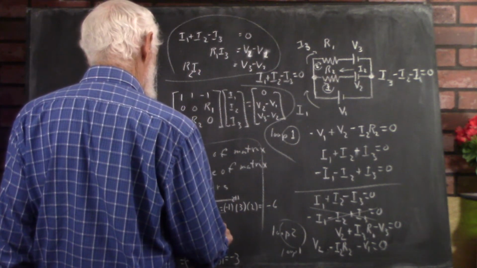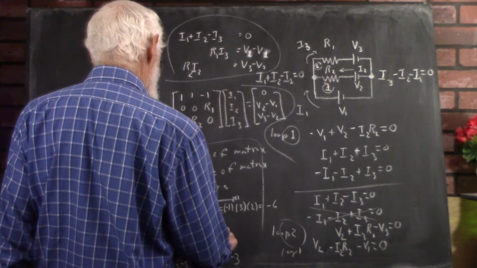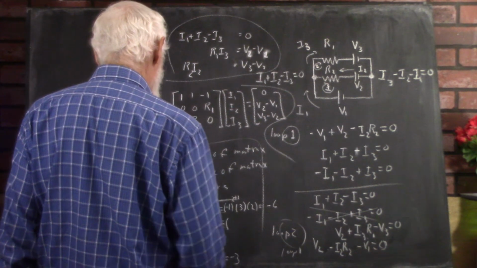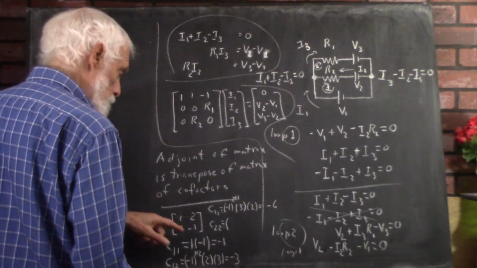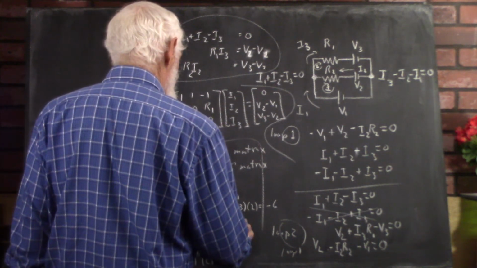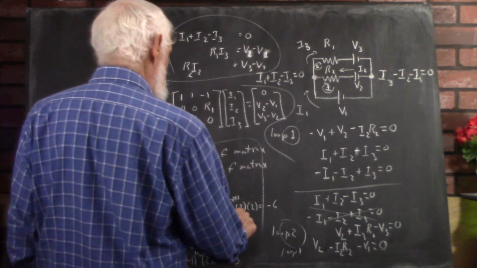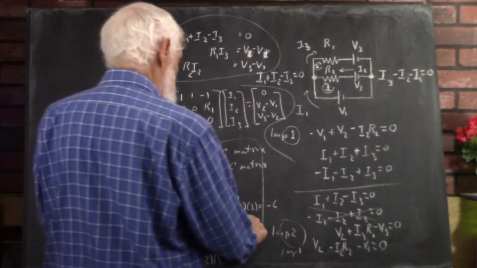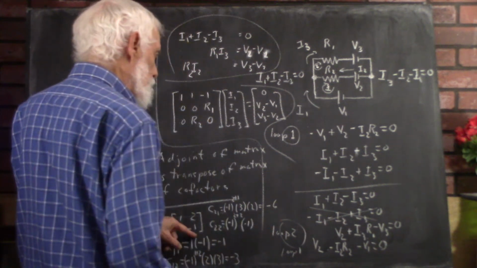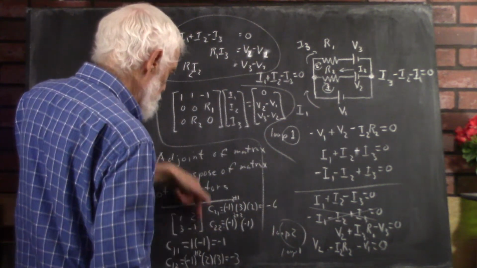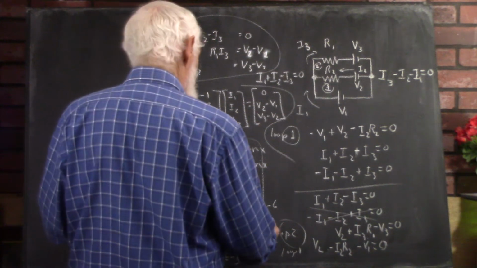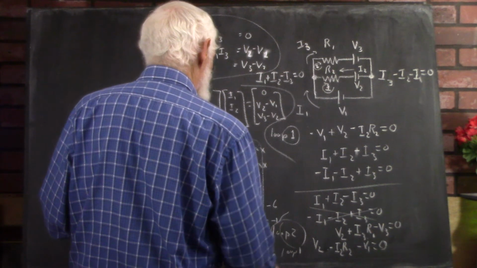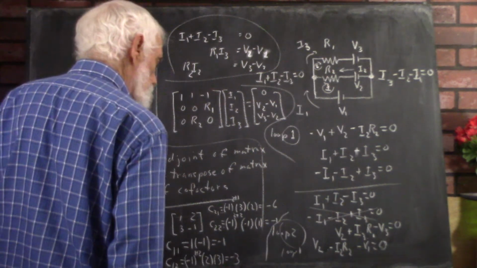And then C22 is -1 to the 2 plus 2 times the 2, 2 number times the matrix you get when you eliminate the row and column of this one, which leaves you with the 1, and that equals -1. I hope I've calculated all those correctly.